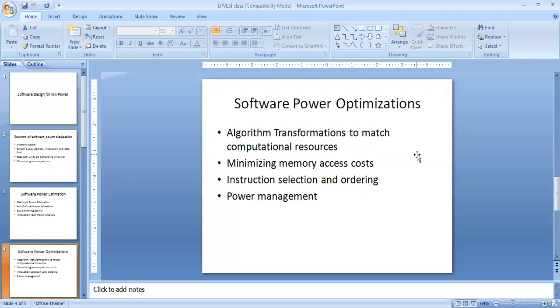Next one is power management. Power management means considerable hardware effort can also be applied to designing processors that avoid the dissipation of power in circuitry that is idle. Whenever the circuit is idle, it should not consume power.